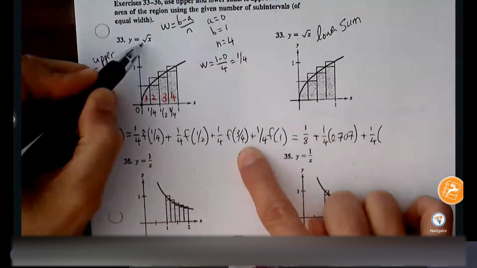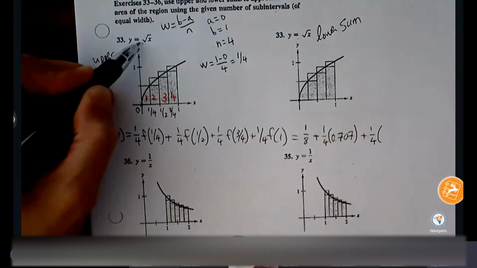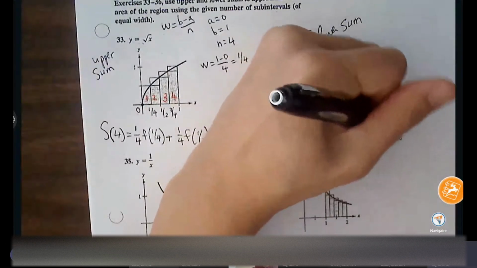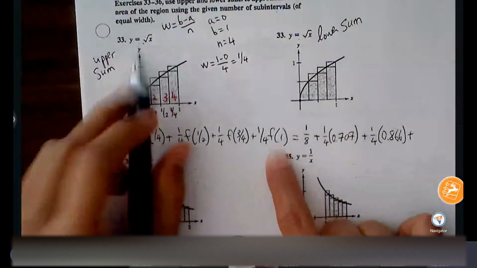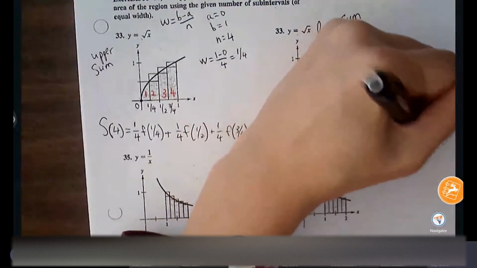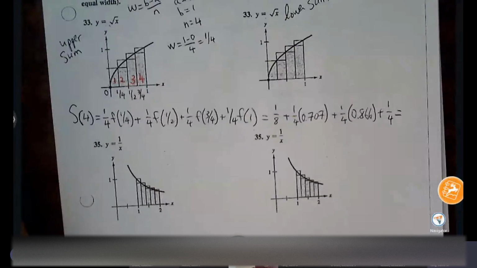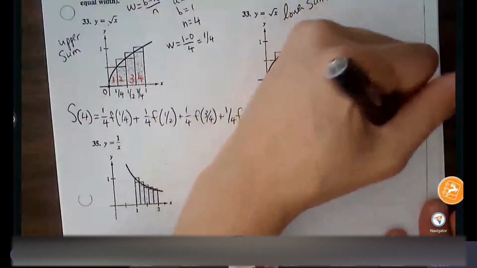F of 3/4, so plug 3/4 into the square root. And finally, f of 1, square root of 1 is 1. Okay, use the calculator to total that up. We get 0.768.